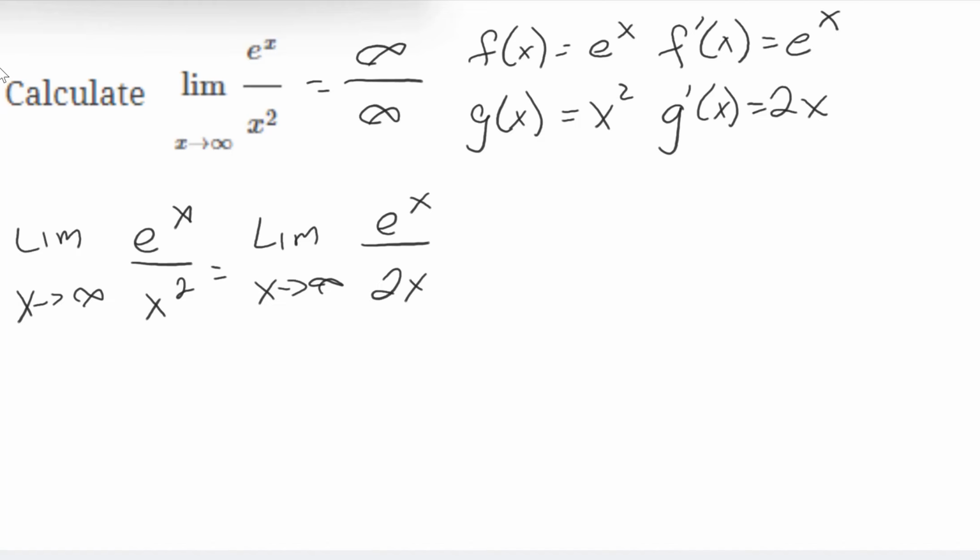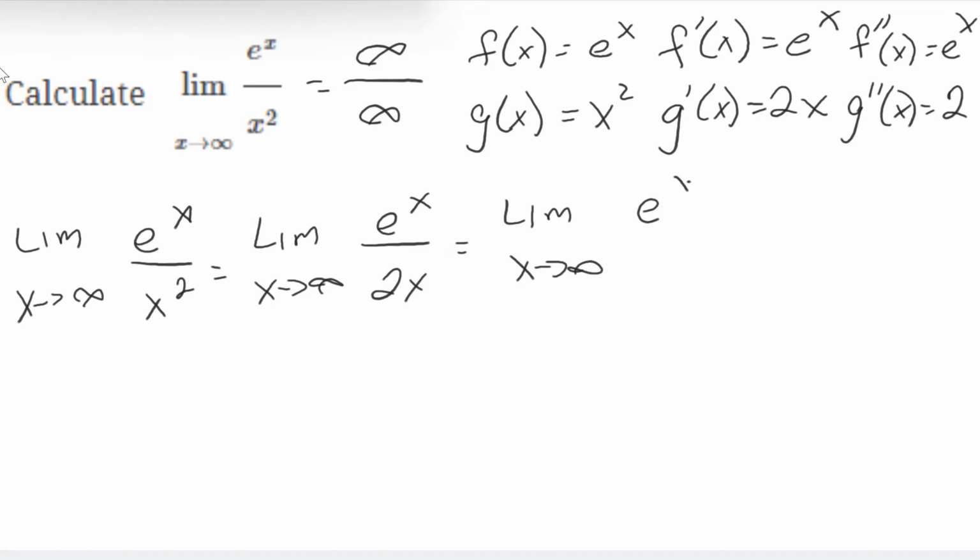So let's do the derivative again. So f second prime, we still have e to the x, and that goes to 2. So this now equals the limit as x goes to infinity of e to the x over 2, which goes to infinity.